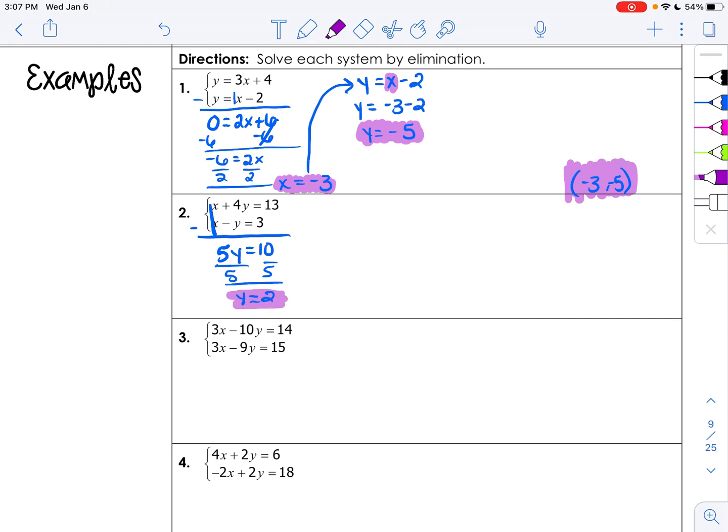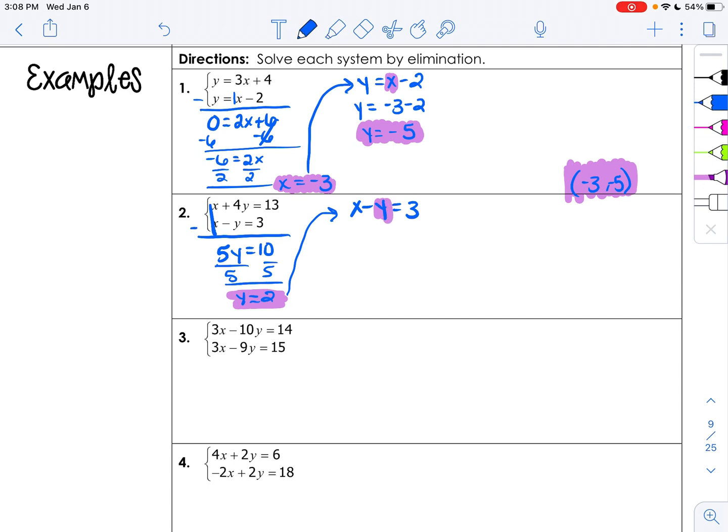My next step is to substitute that answer into either one of my equations. It doesn't matter which equation you choose. I'm going to choose the second one, x minus y equals 3. And I'm going to substitute my answer into that equation. And since it says y equals, I'm going to substitute that answer in for y.